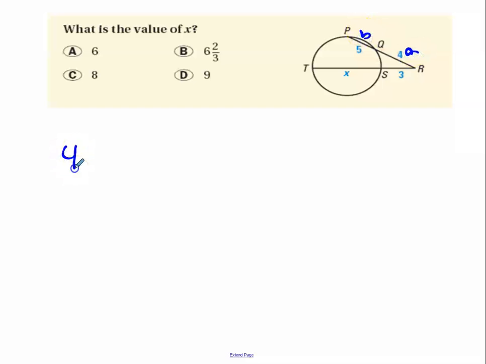So it needs to be 4, which is the outside part, times the whole thing, which would be 4 plus 5. And then I'll do the same thing with the other segment, except that's going to be my C and my D. The C has to be the outside part, though. So I'm going to set that equal to the outside part, which is 3, times the whole thing, which would be 3 plus x.